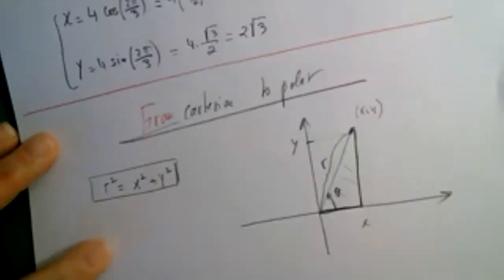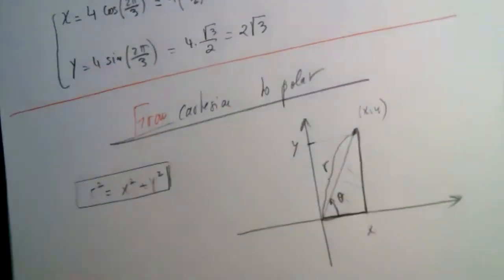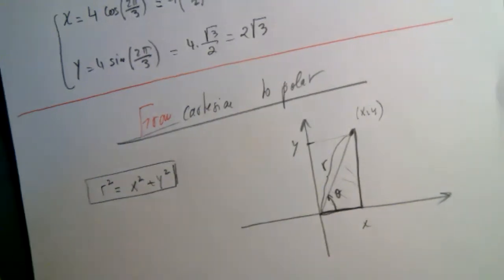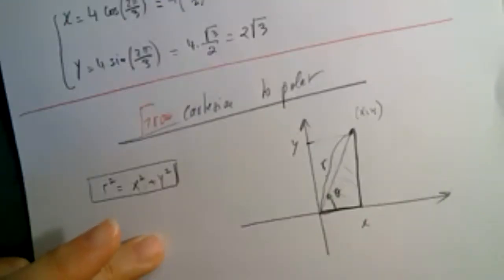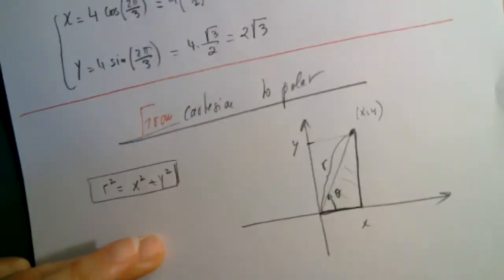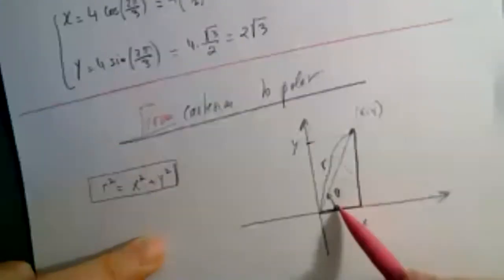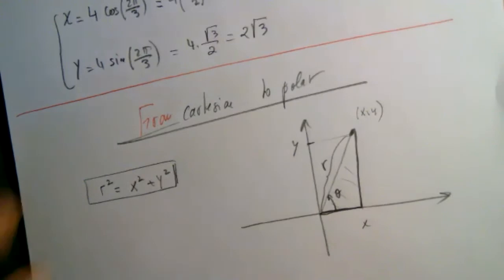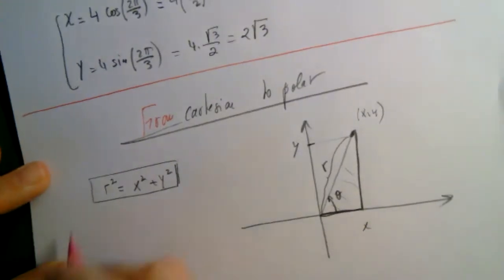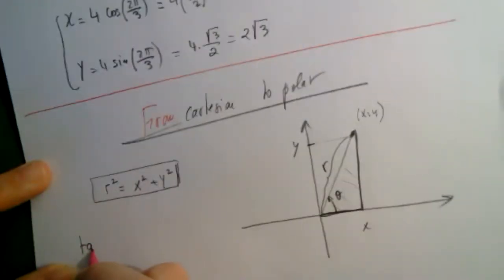Now theta. If I know x and y, how can I find theta? Theta is an angle, so you can use anything you want: sine theta, cosine theta. You really have the freedom to use anything. One of the common things people use is tangent theta.